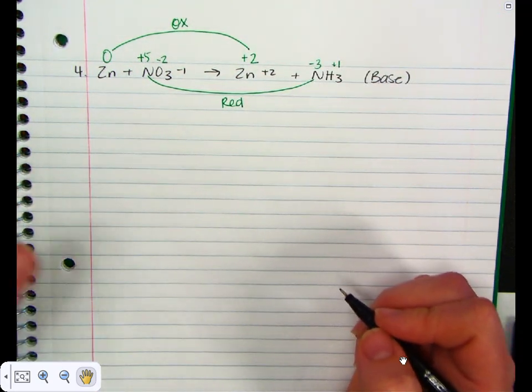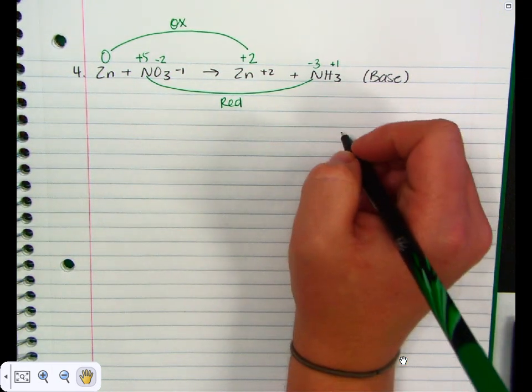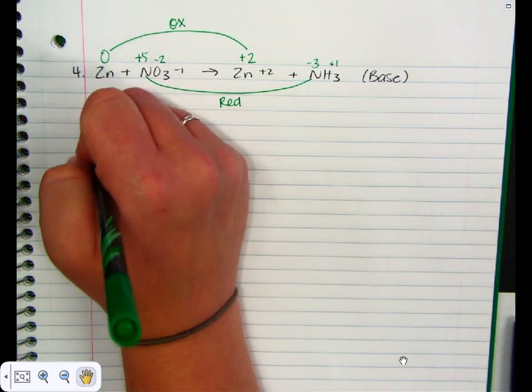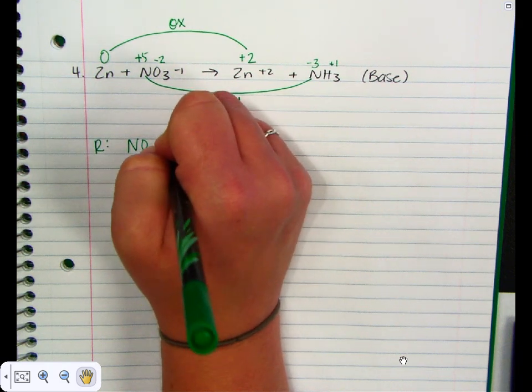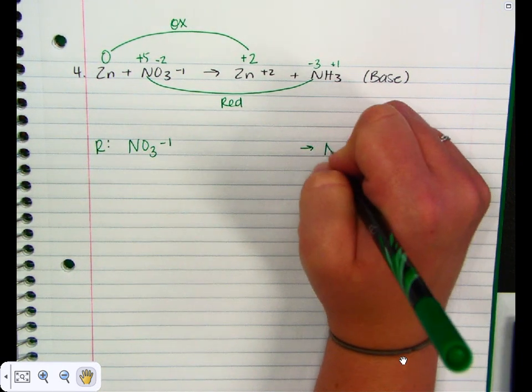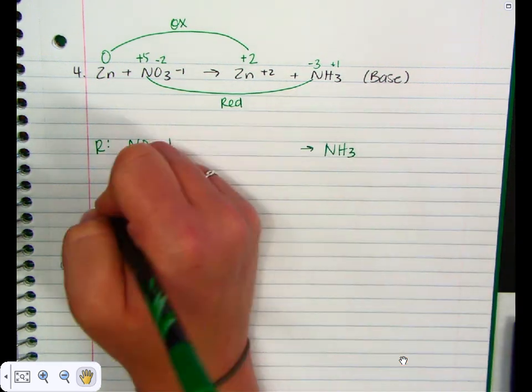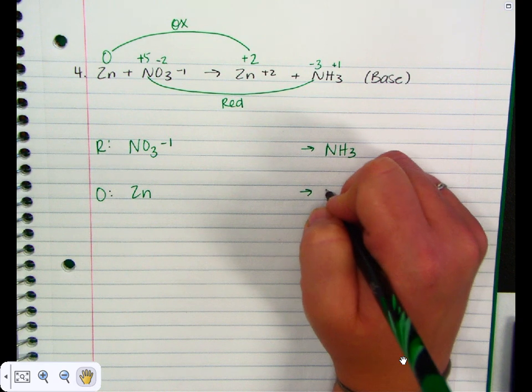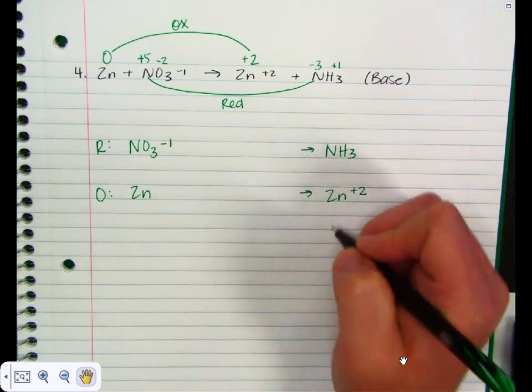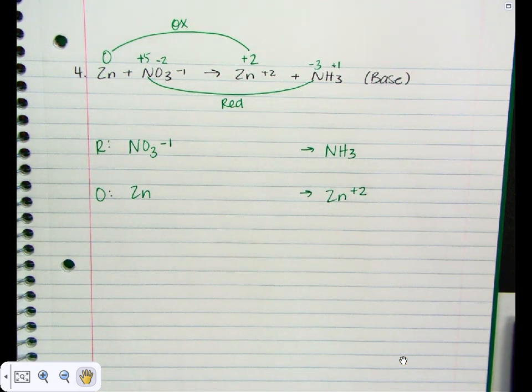All right, so let's write our half reactions. So my reduction half is NO3 minus 1 to NH3. And my oxidation half, Zn to Zn plus 2. All right, so now check our balancing.